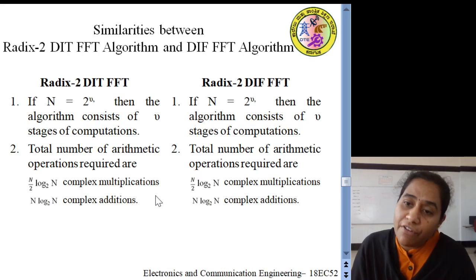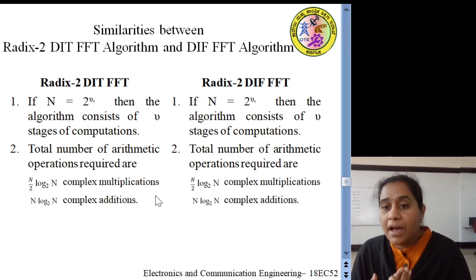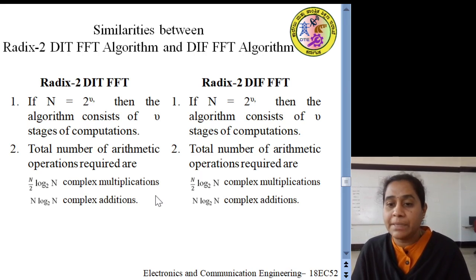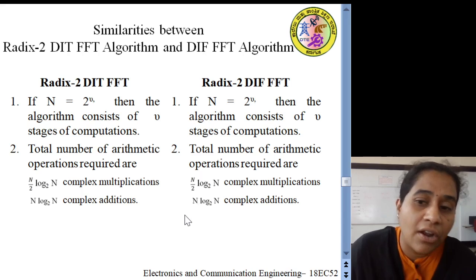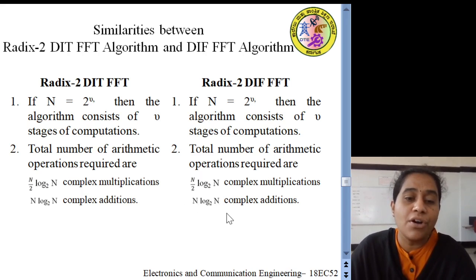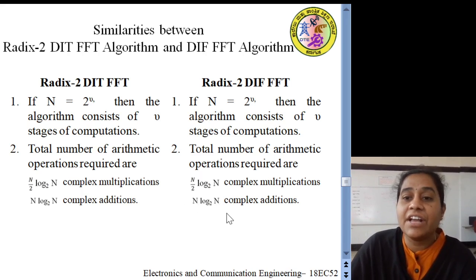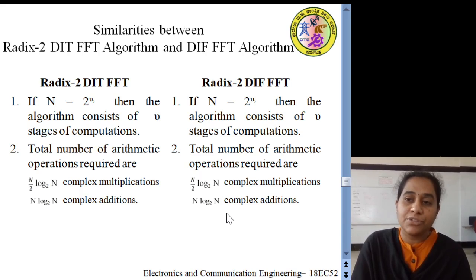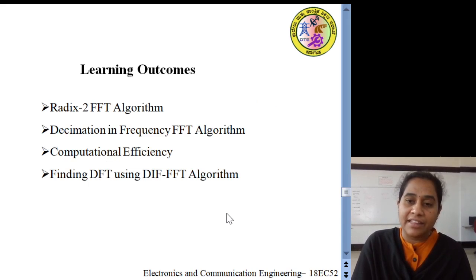Similarly, the DIF FFT is also having the same arithmetic operations, that is N by 2 log N to base 2 complex multiplications as well as N log N to base 2 complex additions. So these are the main similarities between the radix 2 DIT FFT and radix 2 DIF FFT algorithms.